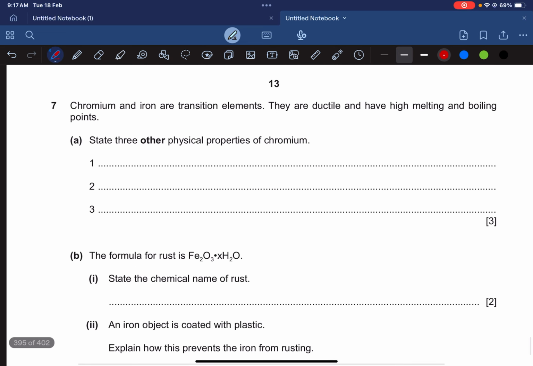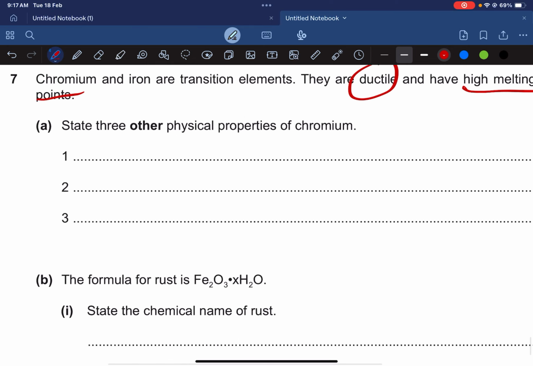Okay, chromium and iron are transition elements. The properties given to us are ductile and have high melting and boiling points. State 3 other physical properties of chromium. Okay, chromium and iron are transition elements, so learn these by heart: they form colored compounds.